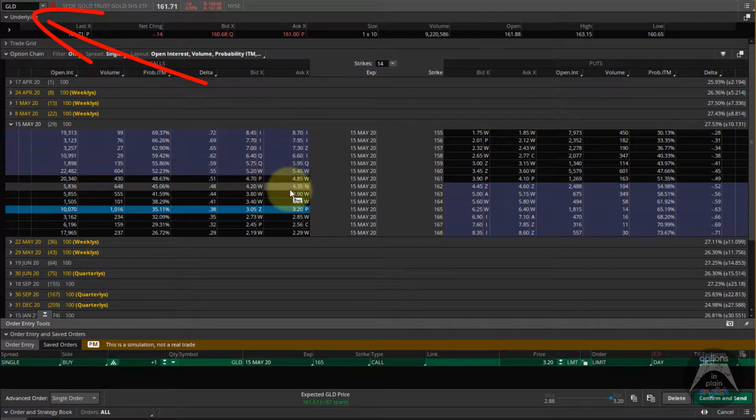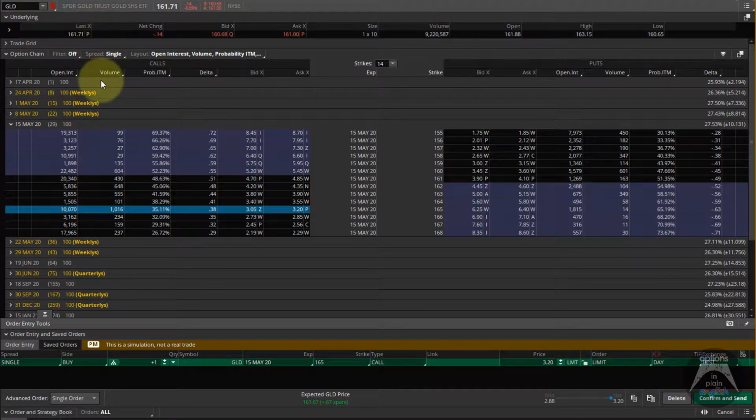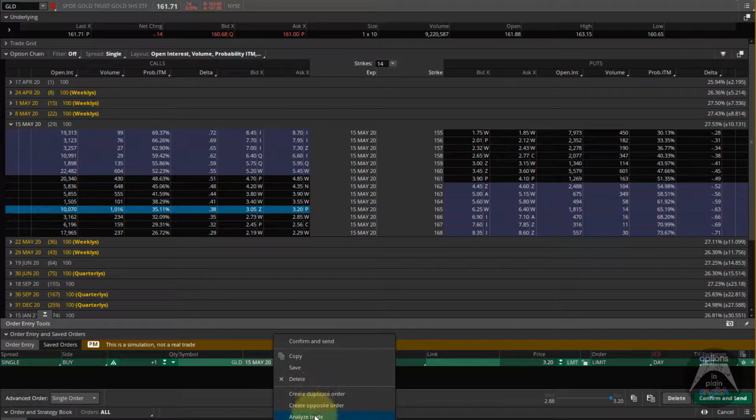It's trading at just around $161. And I'm going to be buying the 165 call. So this is the 38 delta call. Okay, I'm going to buy it for 320, and we're going to analyze what happens to this trade.